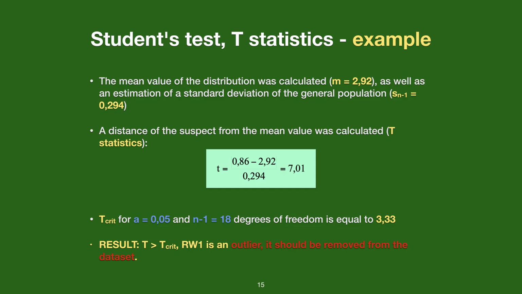The critical value at alpha equals 0.05 and 18 degrees of freedom was 3.33. Since t is greater than t critical, the conclusion is straightforward. RW1 is a real outlier and should be removed from the dataset. So this time, the suspect did not survive cross-examination.